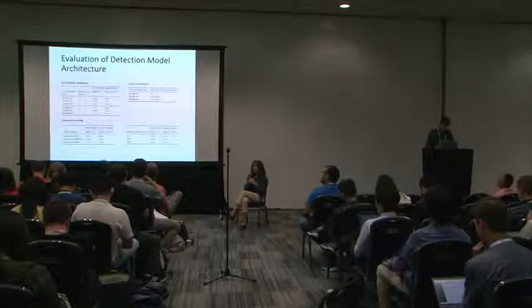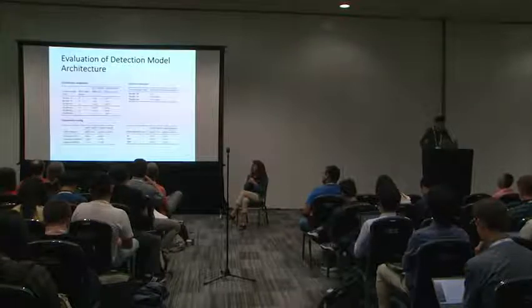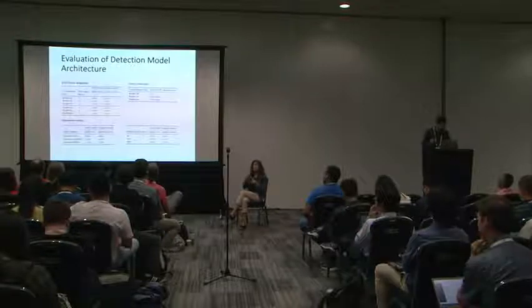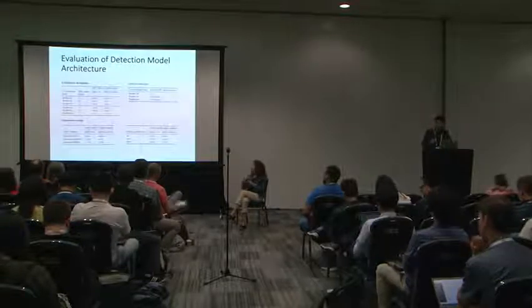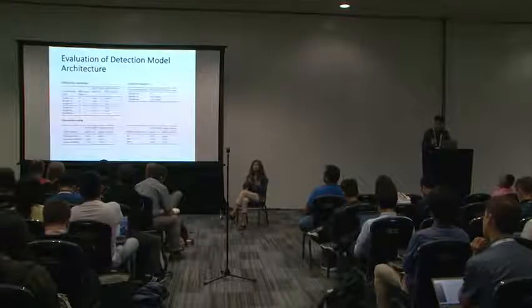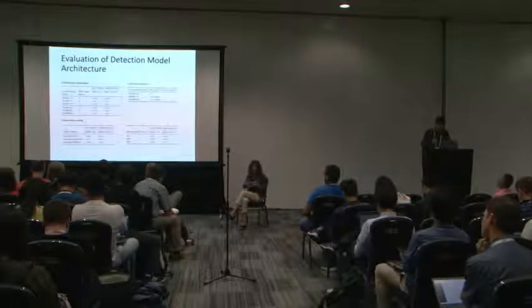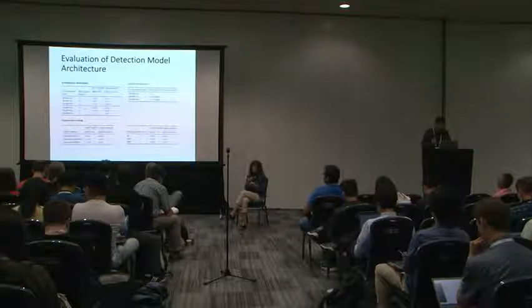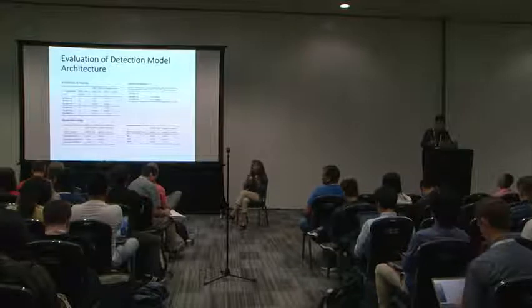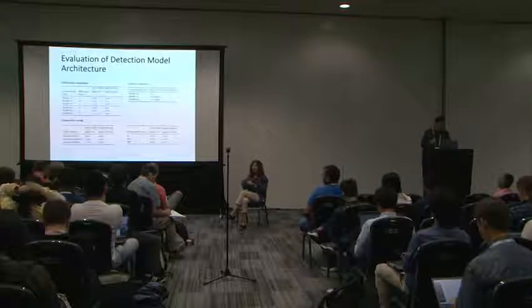Let's look into some of the evaluations. For the detection model, we tried different architectures, and we ended up converging to ShuffleNet. It's faster for the runtime, and it gives reasonable quality results relative to what we expected. We also experimented with the top-N parameter, and we ended up selecting 100 for efficiency reasons.